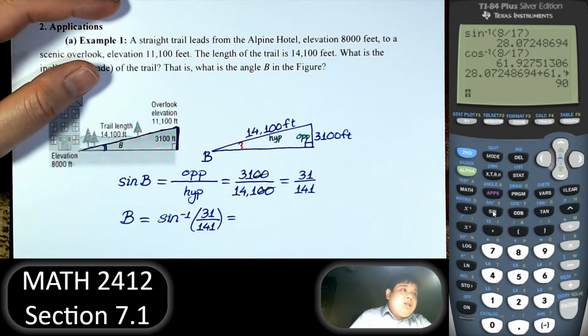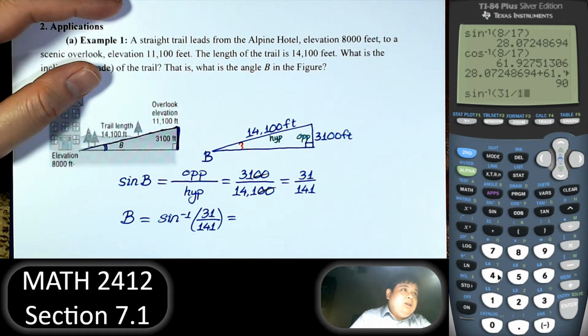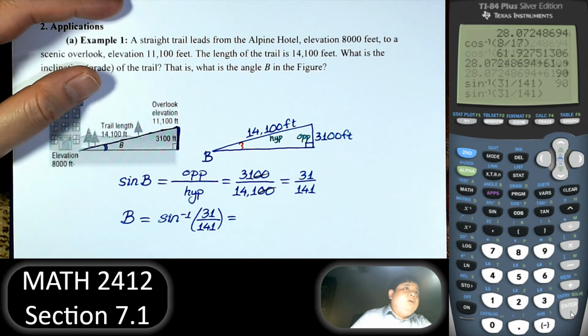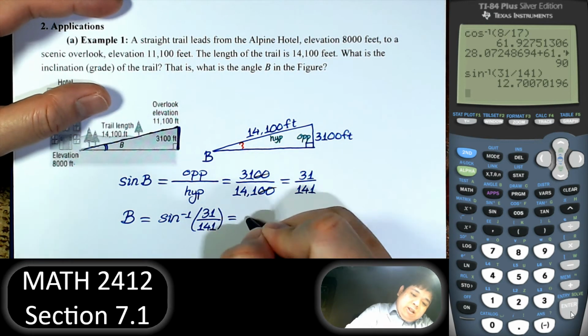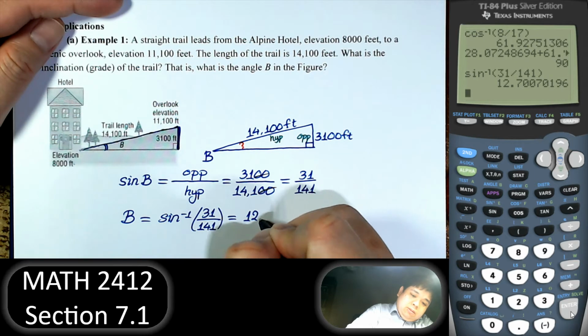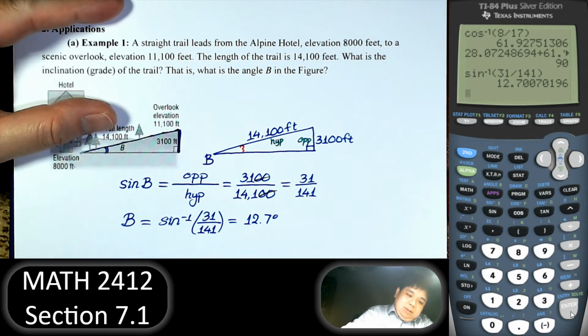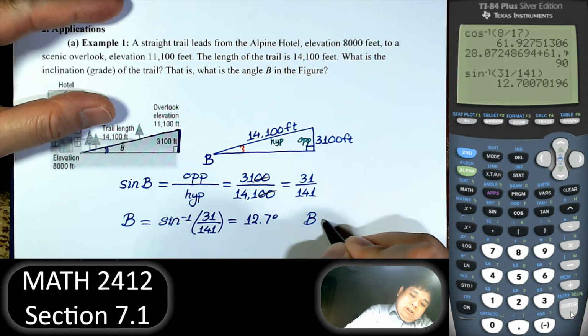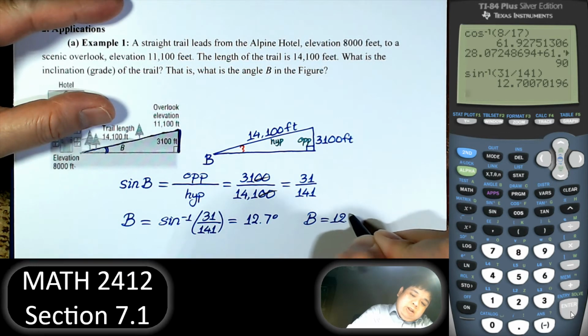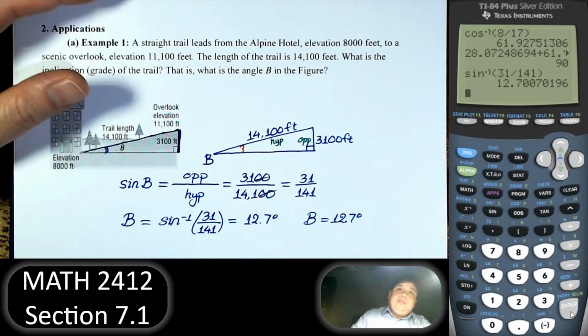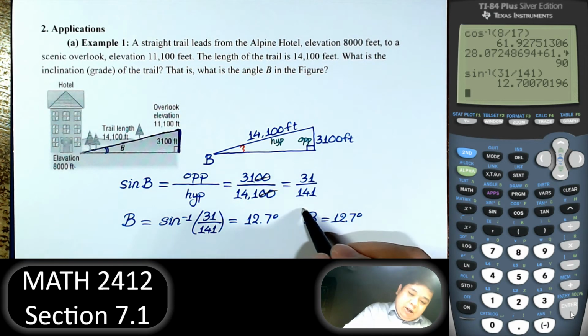Sine inverse of 31 divided by 141, and that is 12.7 degrees. Right. So angle B is 12.7 degrees. Right, so that's simple enough.